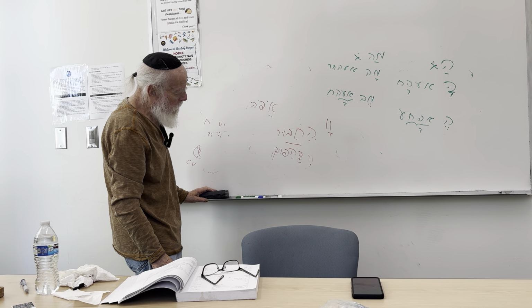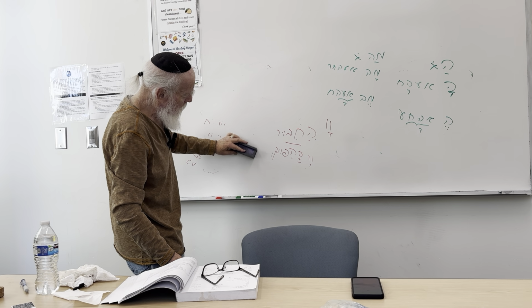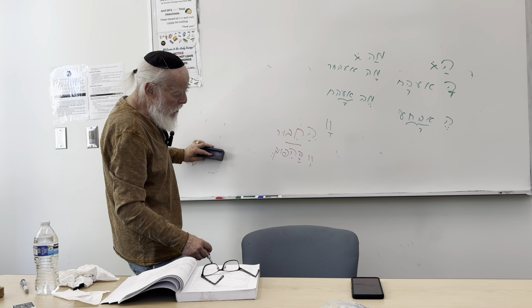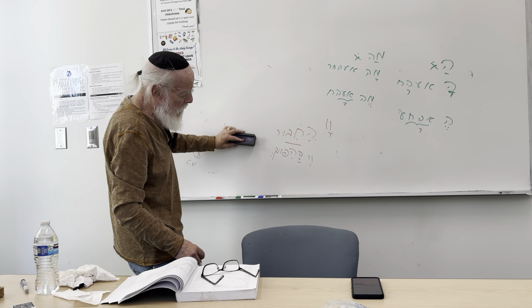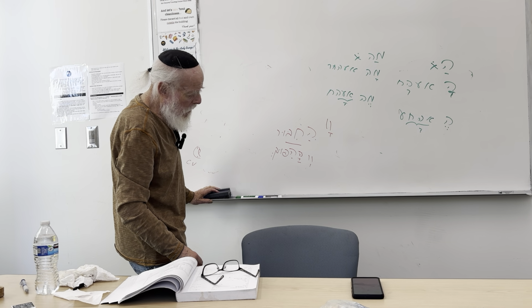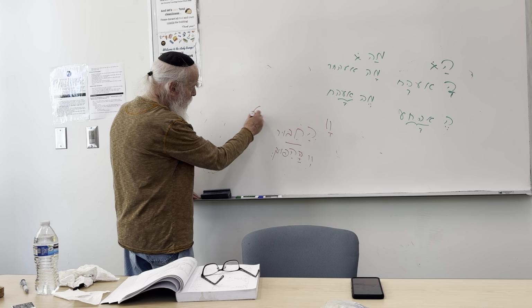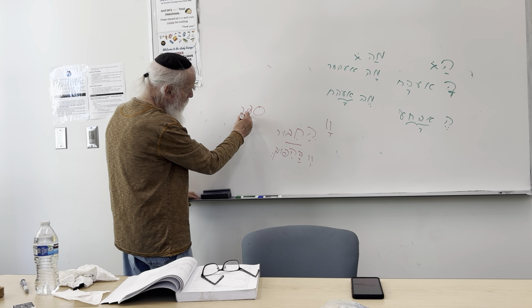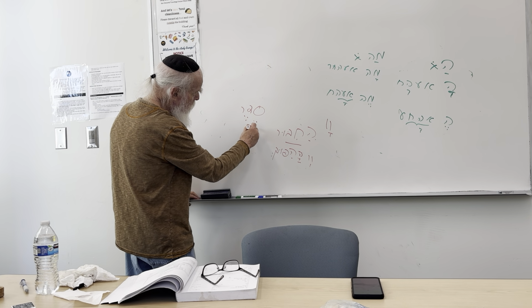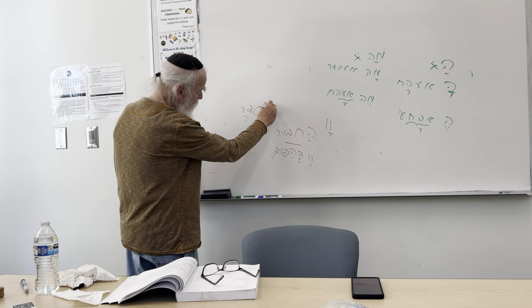I want to go back to that La word. The Lamed, let's just give an example. Lamed is to, for, of, etc. If I say the word book, Sefer, to a book, leSefer, the accent is on that first syllable.